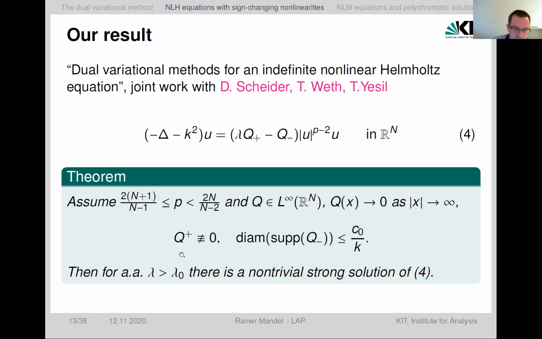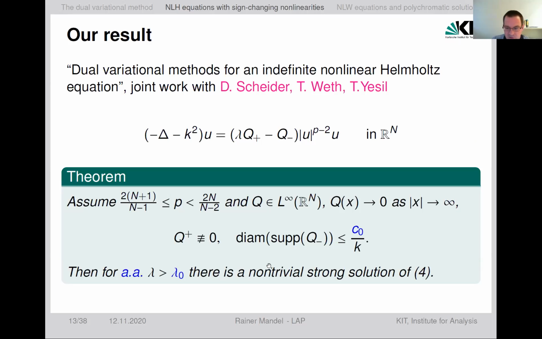Okay, under this assumption, what can we say? Then for almost all lambda bigger than lambda 0, there's a non-trivial strong solution of this equation here. So to summarize, we want to have that the negative part of our coefficient only is concentrated on some sufficiently small ball, and once we have guaranteed that, we can produce solutions.